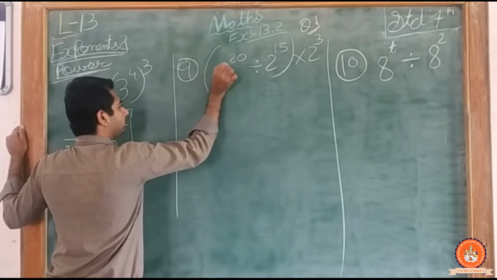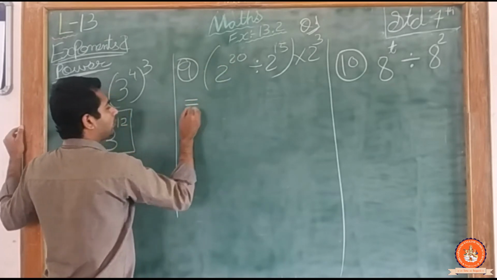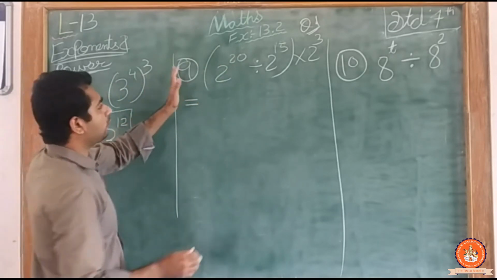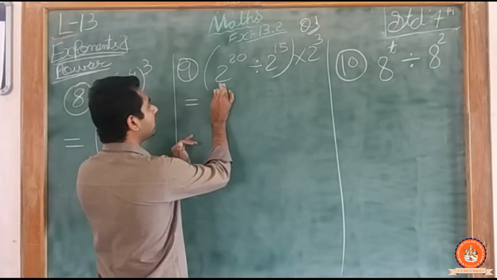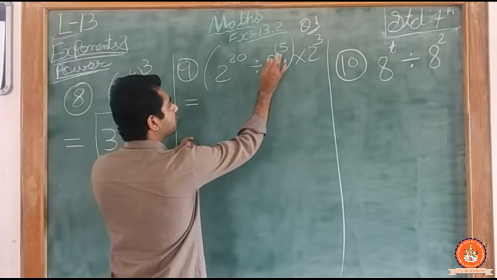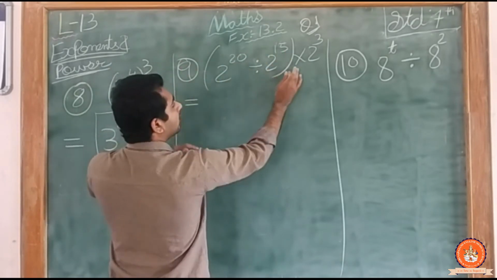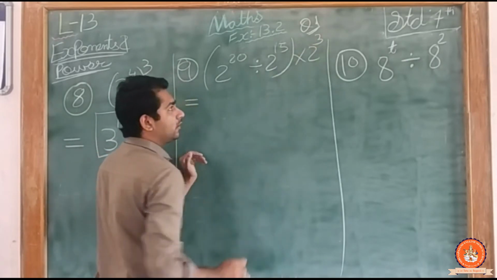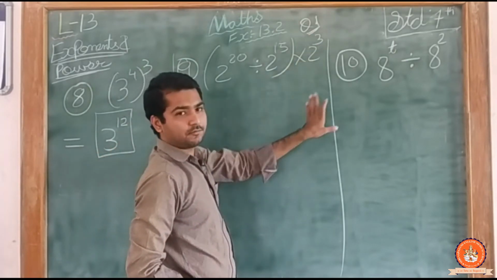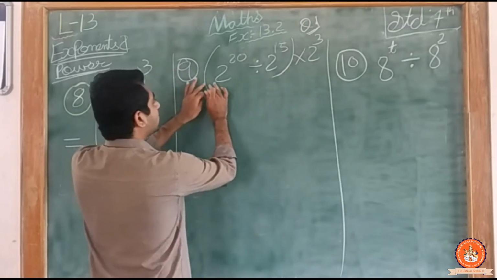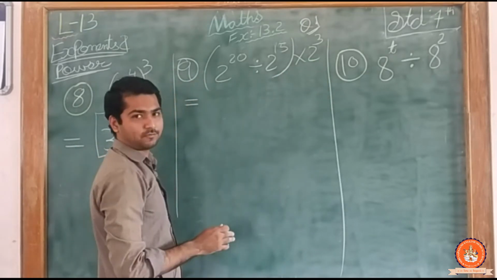Now coming on question 9. So first of all, here they give us 2 raised to 20 divided by 2 raised to 15 bracket multiply by 2 raised to 3. So we will not touch this side, we will first of all simplify which is in the bracket.